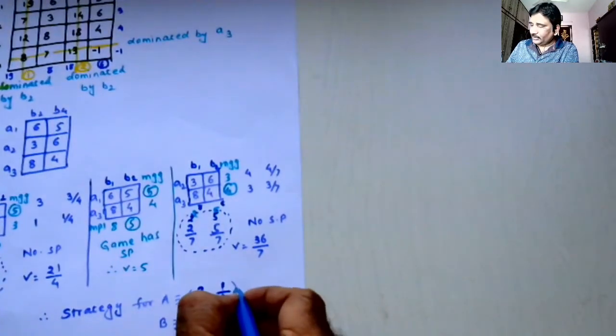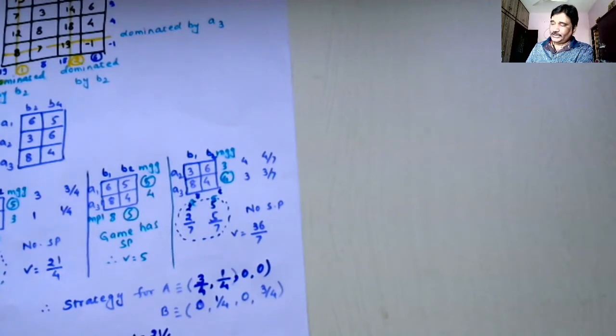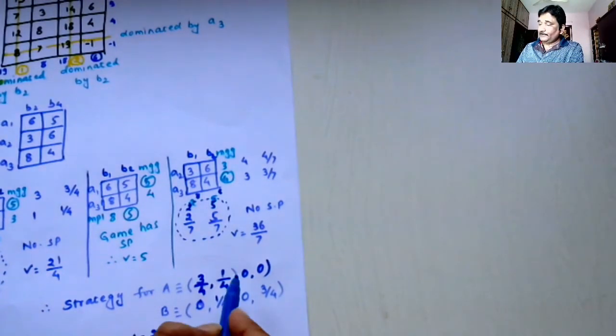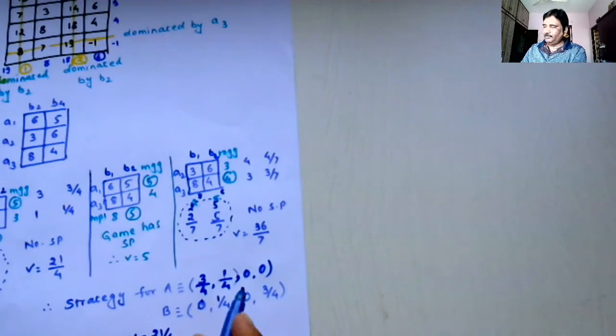You have to write about them also: 0 and 0, right? Because A3 and A4 will be played in proportion 0. They will not be played in fact.